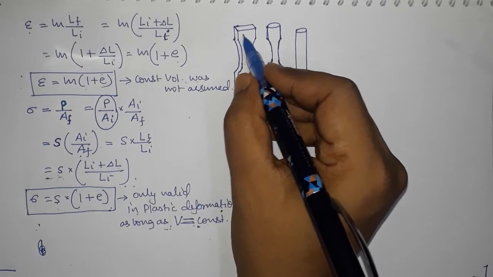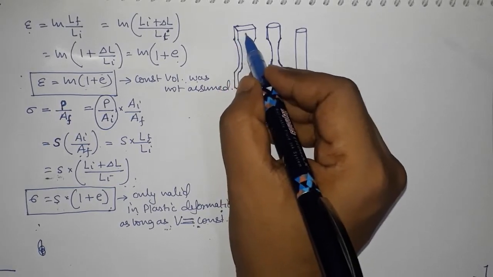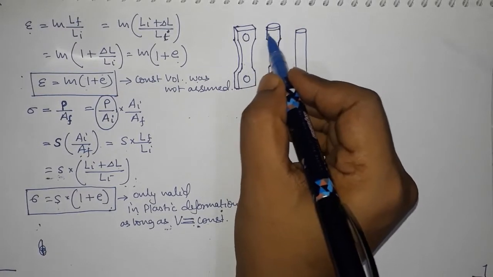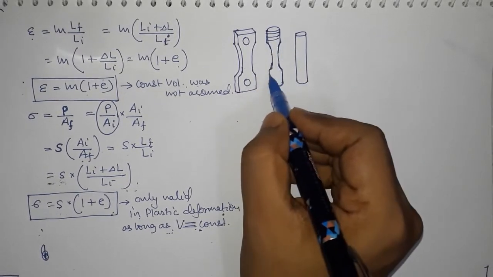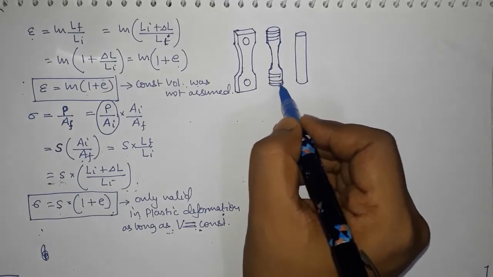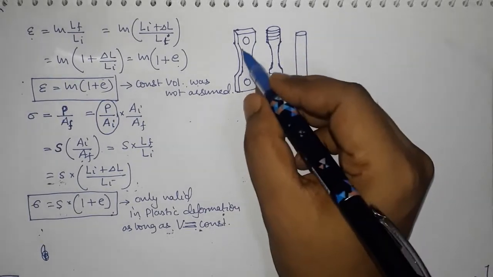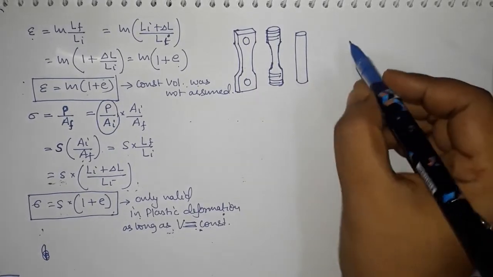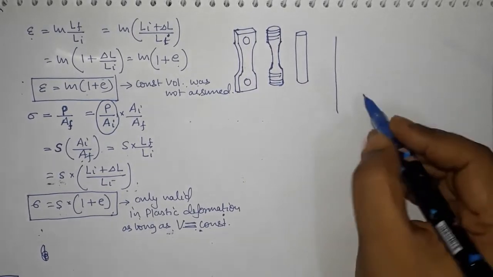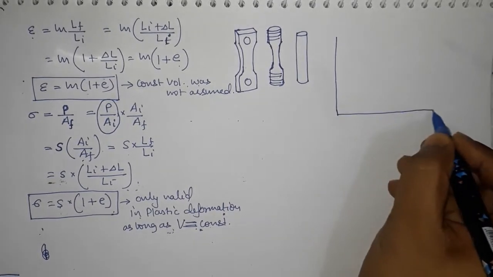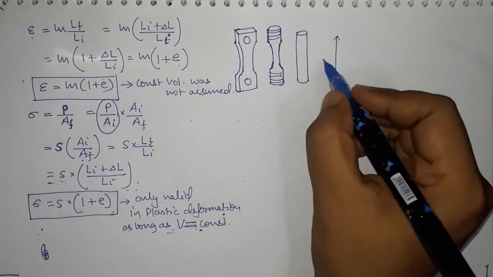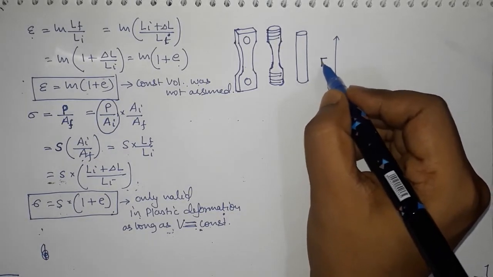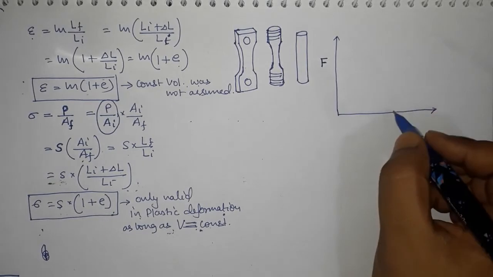So you can either clamp it or you can have a pinhole. Okay, and in this case you can have thread. So when we test such a sample in the machine, we usually measure the force using the load cell. Okay, so we measure the force and we measure the elongation.